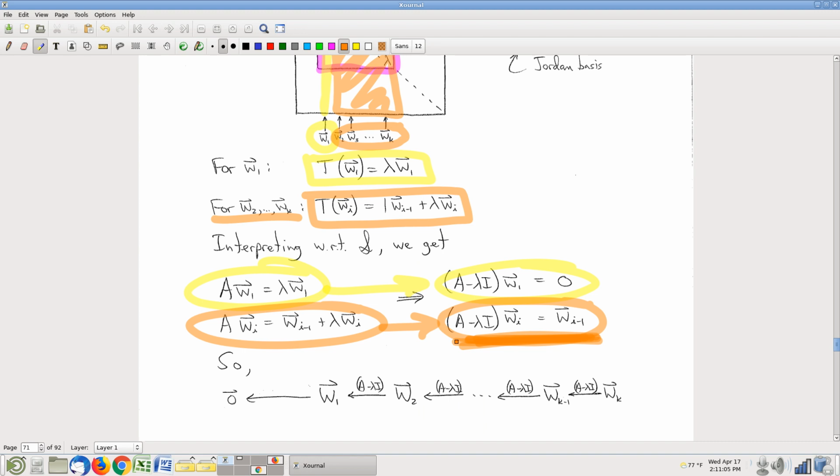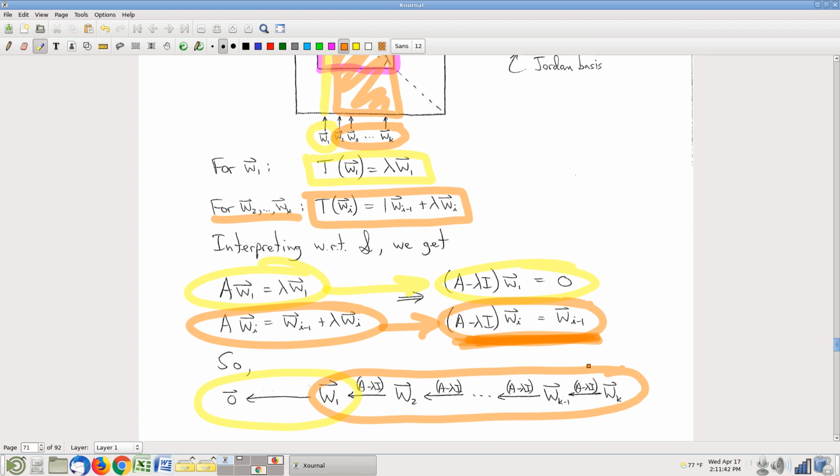Okay. Just to summarize, that yellow equation, if I were to put the Jordan basis vectors in order here, W1 through WK, this first result tells us that A minus lambda I sends W1 to 0. The rest of these equations tell us that A minus lambda I sends each Jordan basis vector to the previous Jordan basis vector.